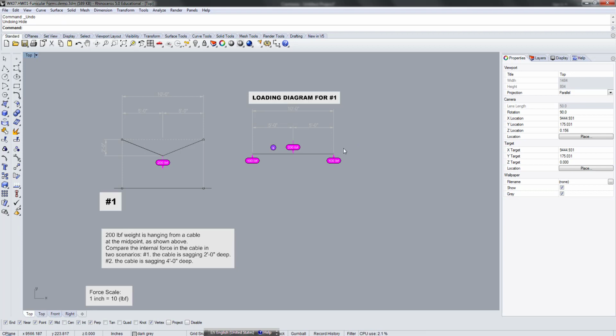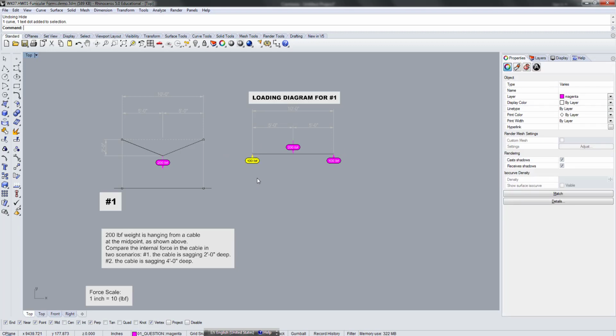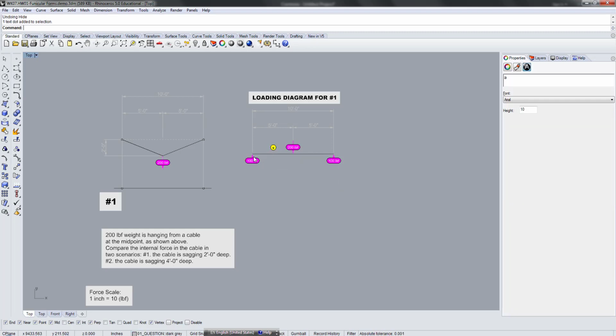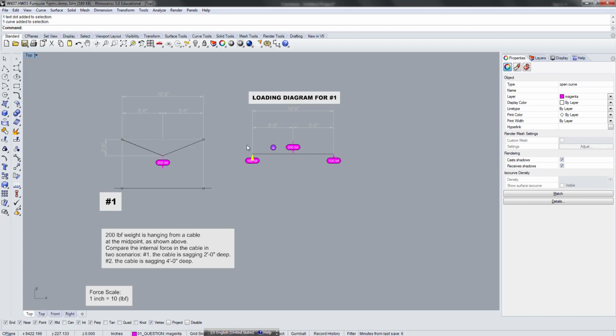Anyways, first step is to label the areas between the forces. So there is an upward force here, a downward force here, and another upward force here. We'll follow the clockwise notation system.